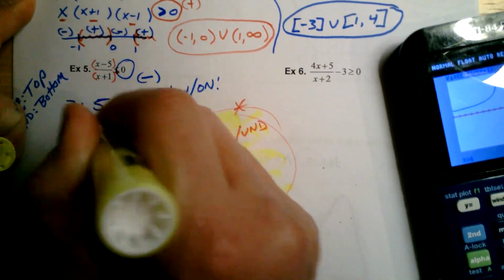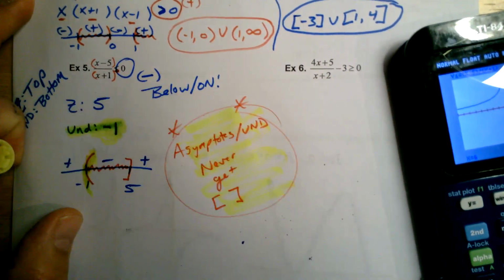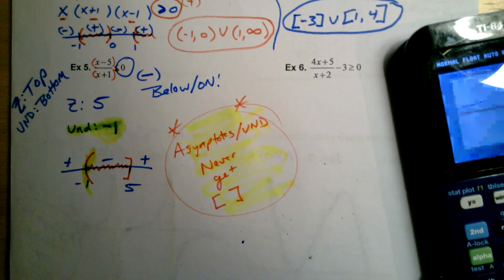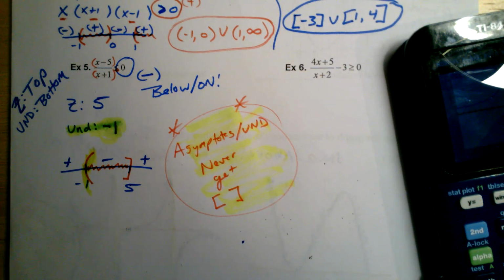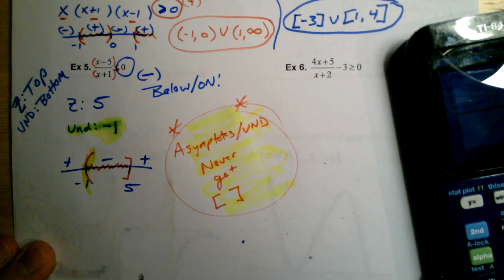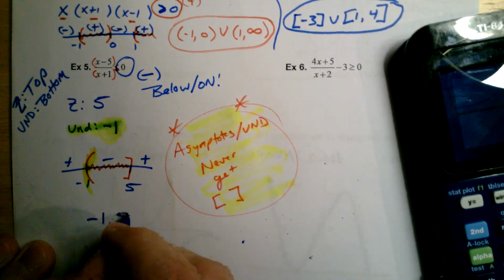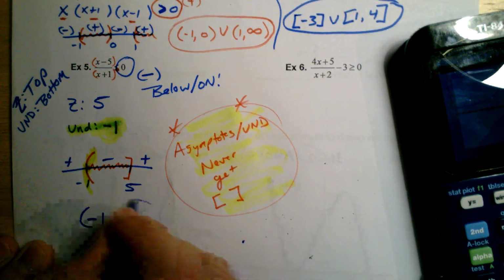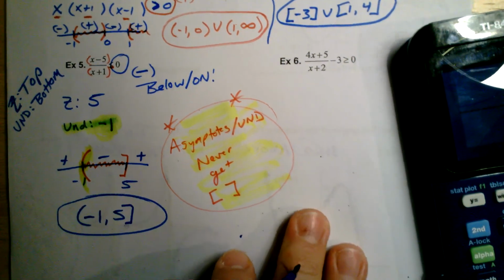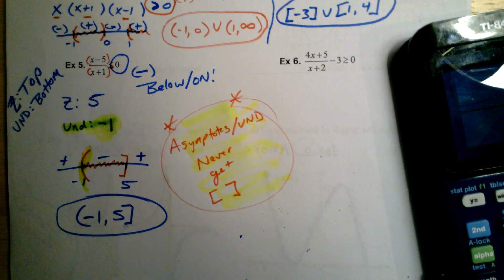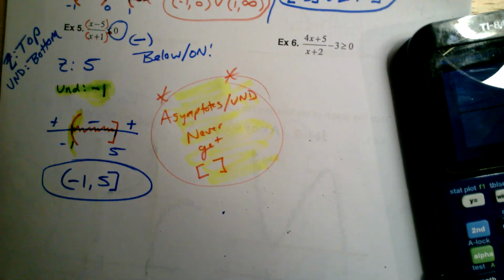Yeah, this guy, that guy never, ever will get a bracket. Okay, they're either both parentheses or if it's equal to, then the 0 gets the bracket. The undefined, the asymptote does not. So final answer, -1 to 5 bracket. Parenthesis on -1. That's where it's below or on the x-axis.